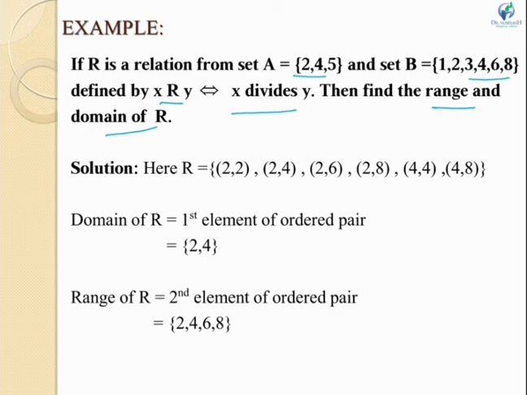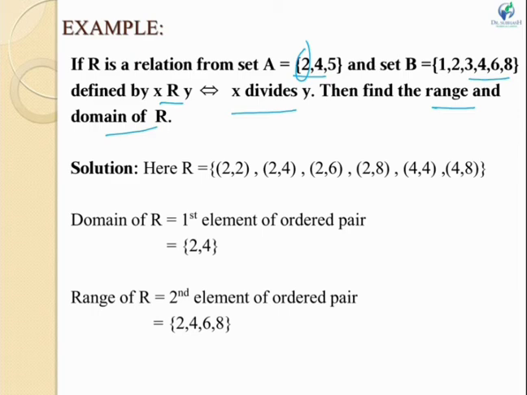Here the same condition is given that x divides y. That means y equals k into x, where k must be an integer. So you can start here from element 2 of set A.